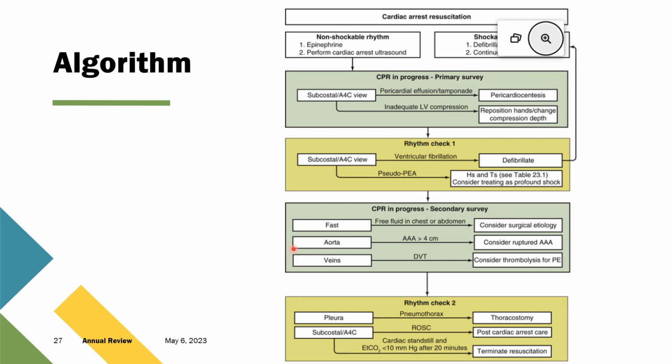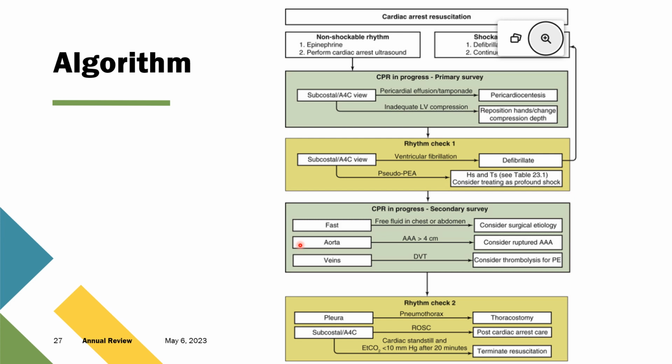If you evaluate the aorta in that FAST exam and you find that it's greater than 4 centimeters, consider a ruptured AAA and evaluate with the EFAST exam for any peritoneal fluid or retroperitoneal fluid.